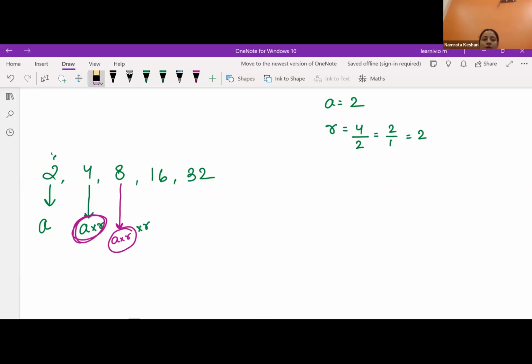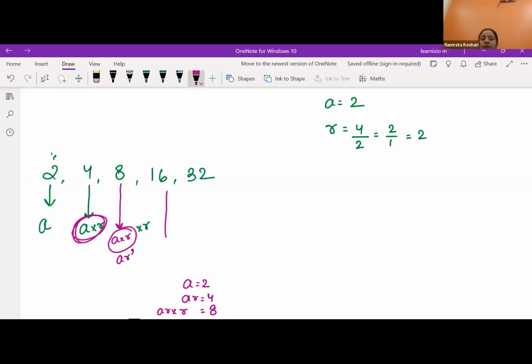Yes. Okay, so if you are thinking what I'm trying to explain, from here we are observing that a is 2, ar is 4, and the next term is 8. So can I write ar into r? We can write it, right? Yes. Similarly, it became ar square.